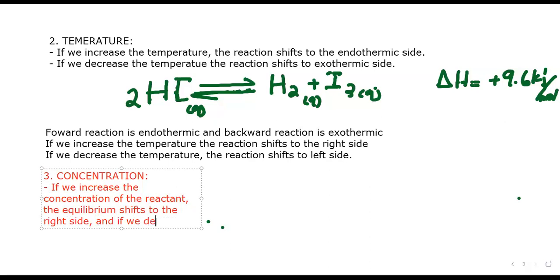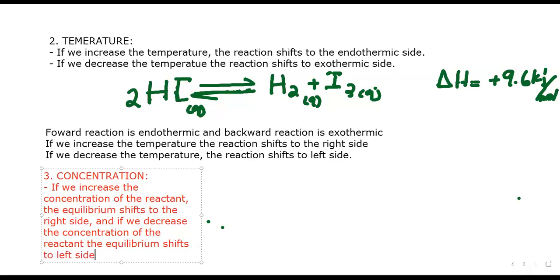And if we decrease the concentration of the reactant, the equilibrium shifts to the left side. Why does that happen?